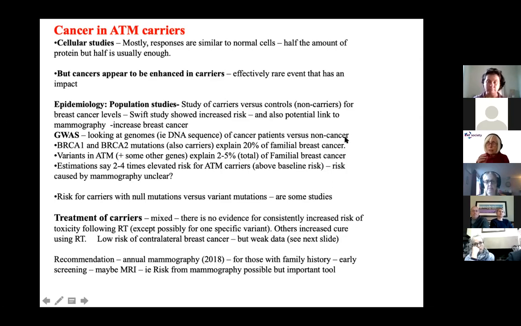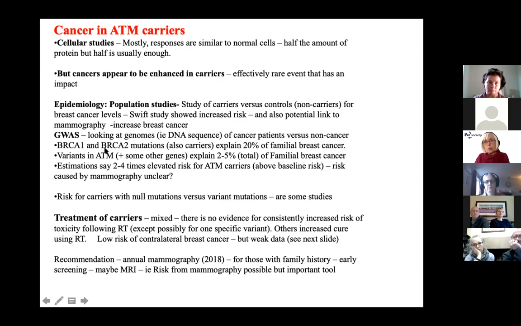And I should say here, you're not looking at the cancer cells, you're looking at the normal cells. So are mutations or variants in those normal cells more likely to be seen in cancer patients versus non-cancer patients?